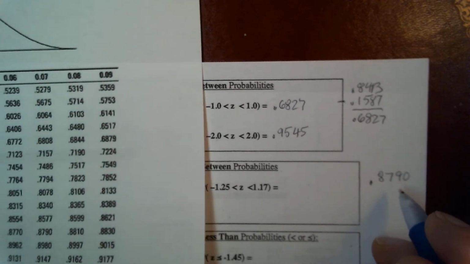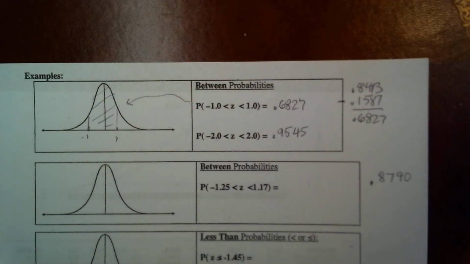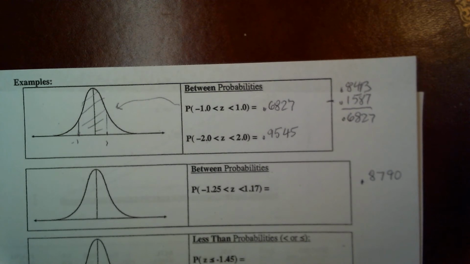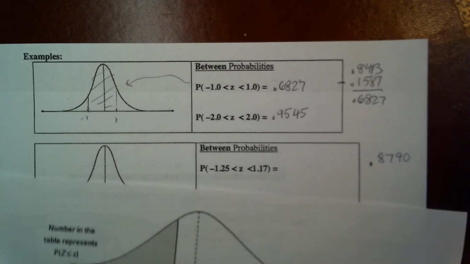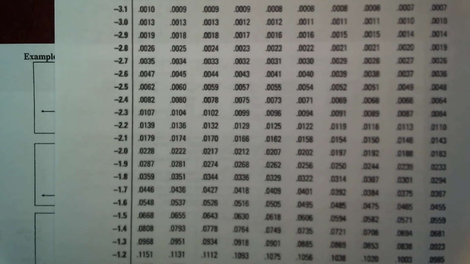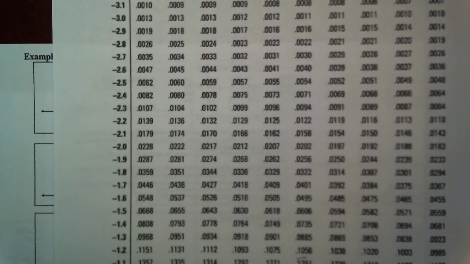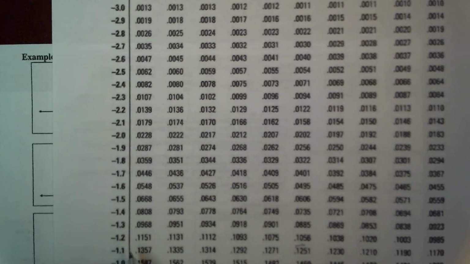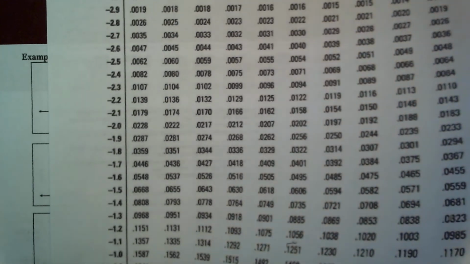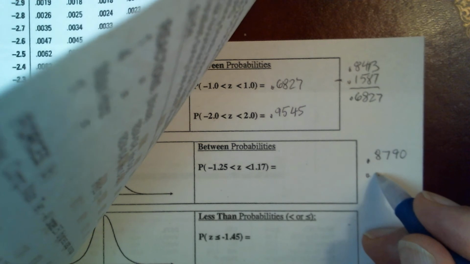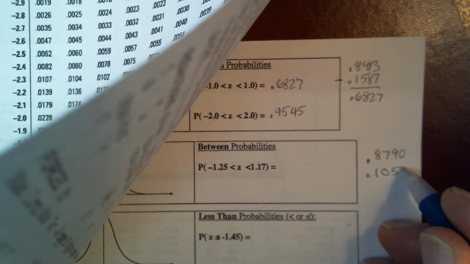And now we need to look up the z-score for -1.25. So we have -1.2, and -1.25 would be 0.1056.